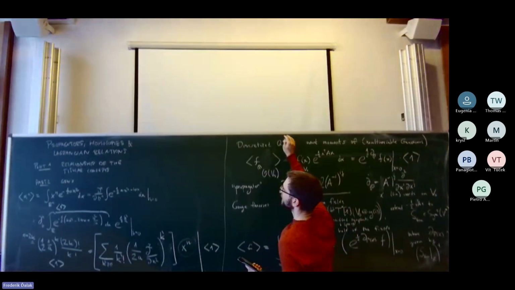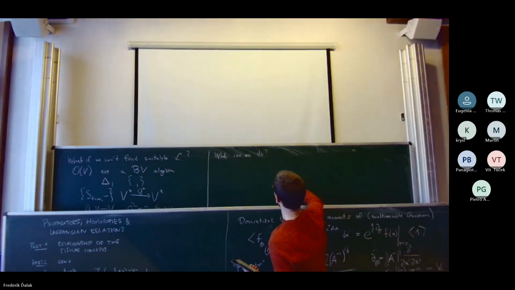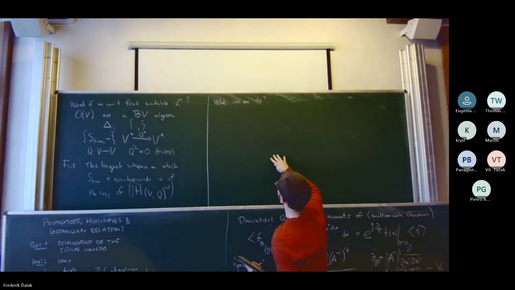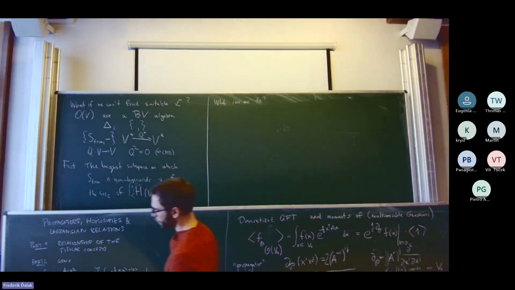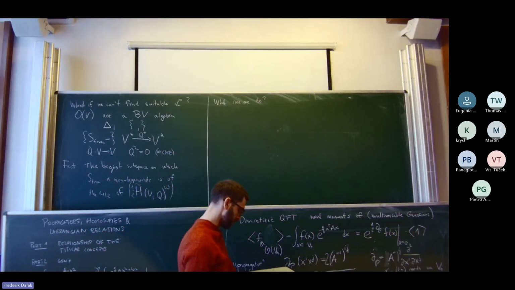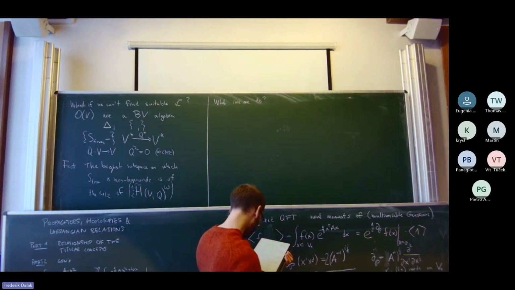So what can one do? In this case, you don't compute numbers, expectation values, but you compute functions or half densities, which are called effective observables.